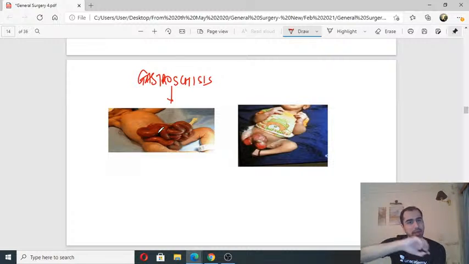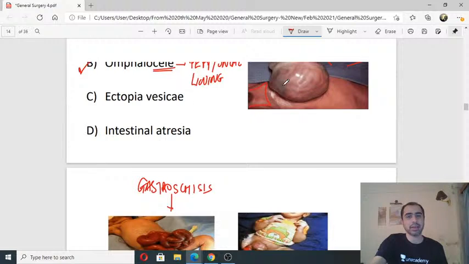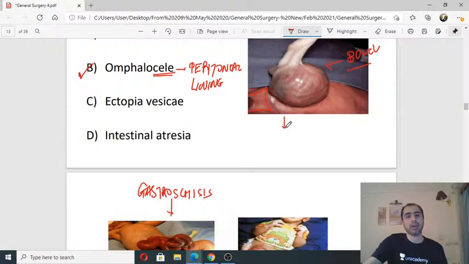Just because the peritoneum is covering it, does it become a better prognosis? It is not like that. Understand, gastroschisis is an isolated abnormality. It is not associated with other problems. Omphalocele, on the other hand, has a lot of associated GI abnormalities and other system abnormalities.